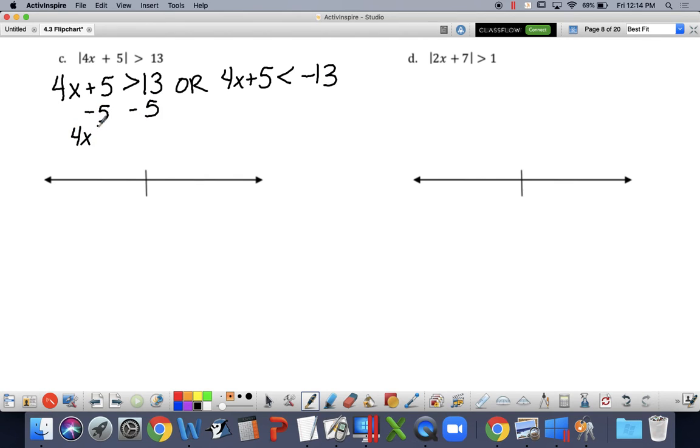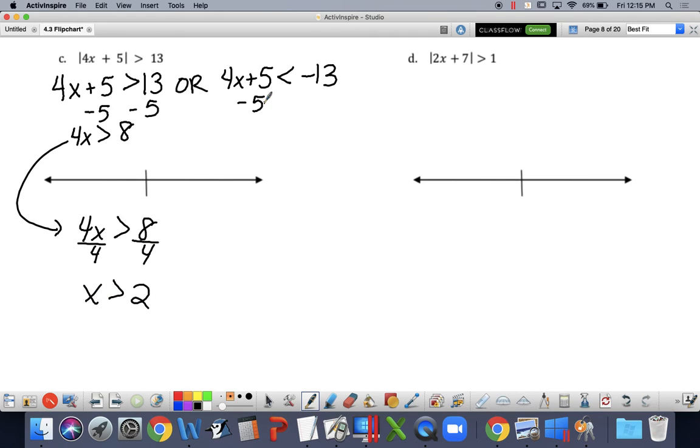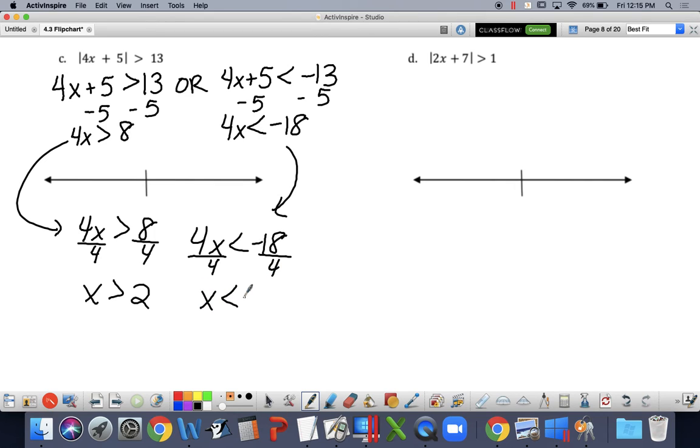5. I get x is greater than 2. I get x is less than negative 9/2.